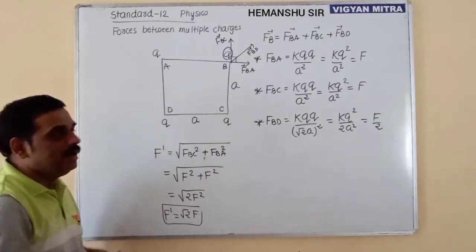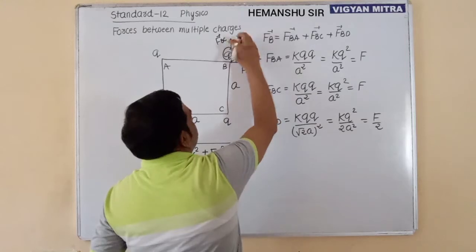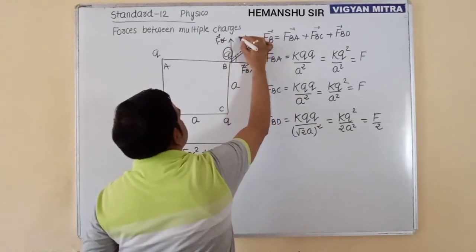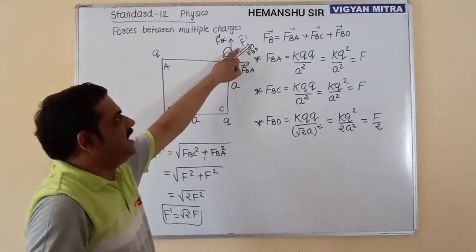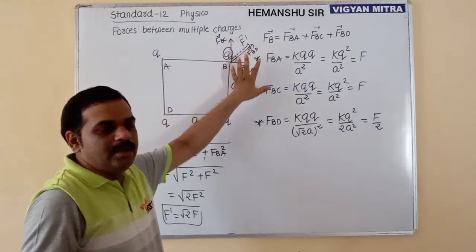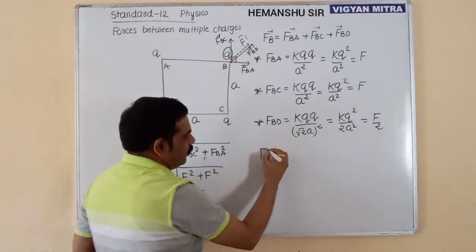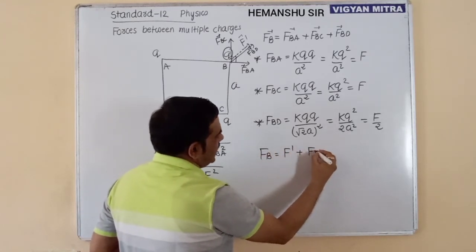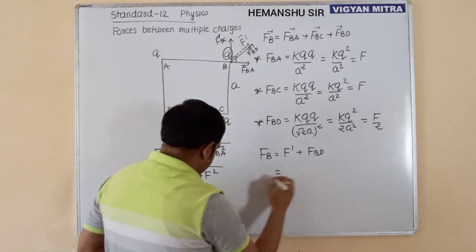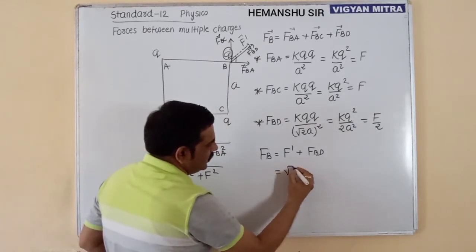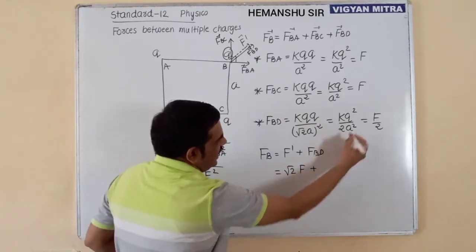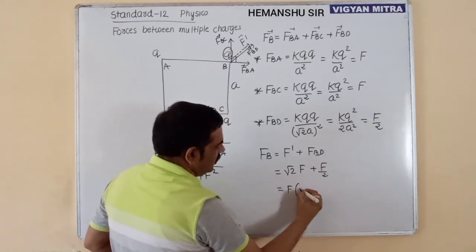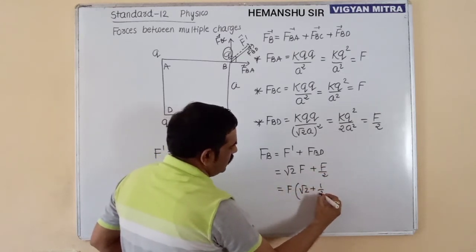Now the resultant force of these two forces is in this direction. This is F dash. F dash and FBD are in the same direction, so the total force on B is given by F dash plus FBD. F dash is root 2 F and FBD is F by 2. Taking F as common, root 2 plus 1 by 2.